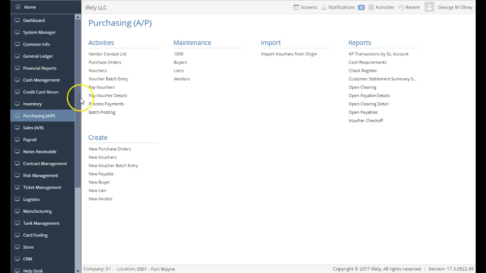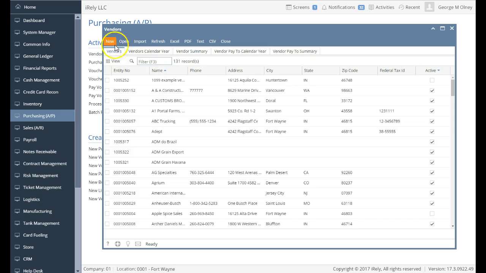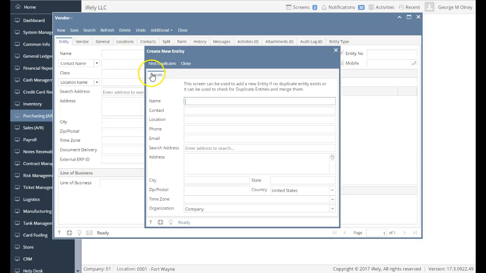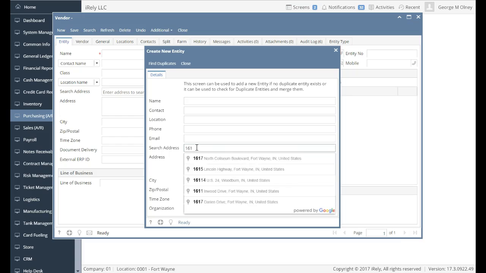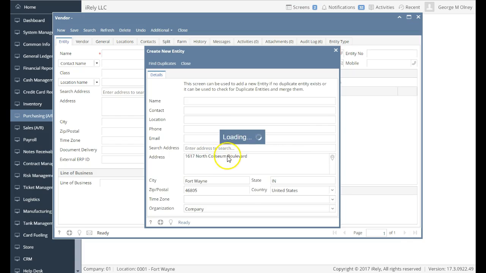Another thing from a simplicity perspective, which items like this are all over the system, is for data accuracy and integrity, we make sure that addresses you type are appropriate. When you type in an address, we actually call out to the Google address finder, and we ensure that you get an accurate address and zip code and information with respect to a person.